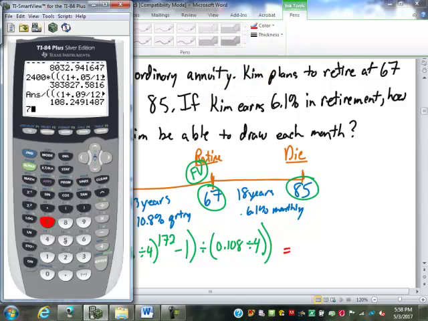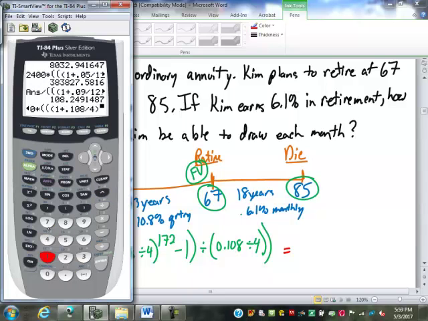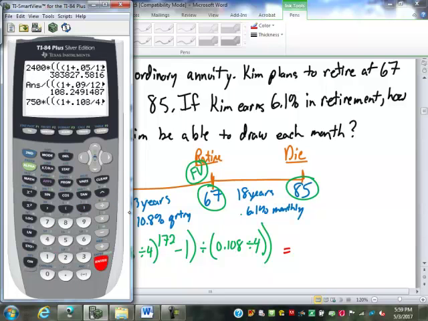So let's see what I come up with. I'm getting $8,062,491.23.